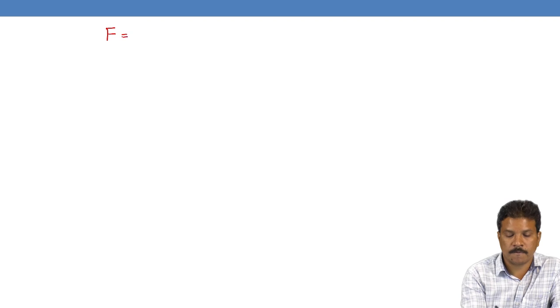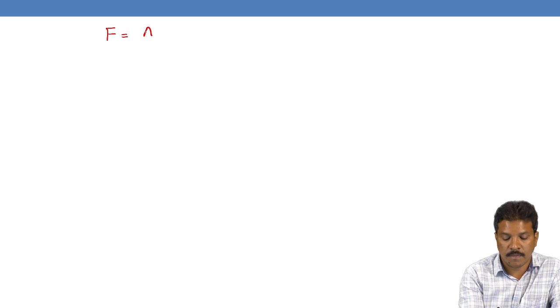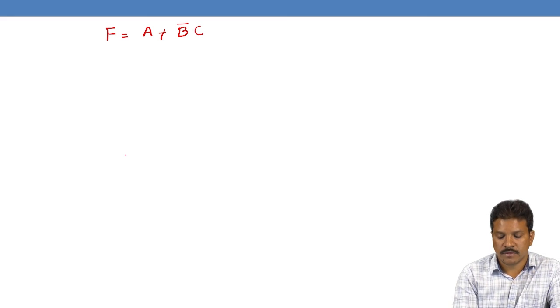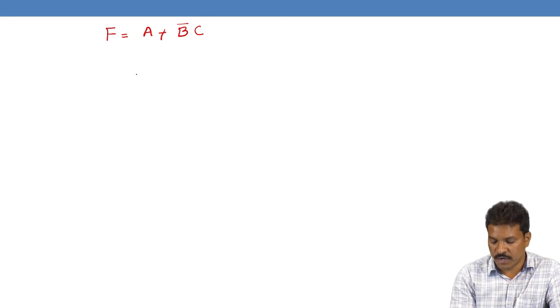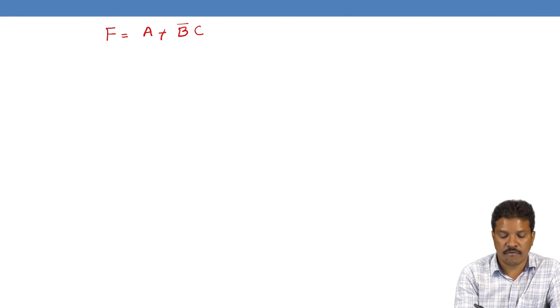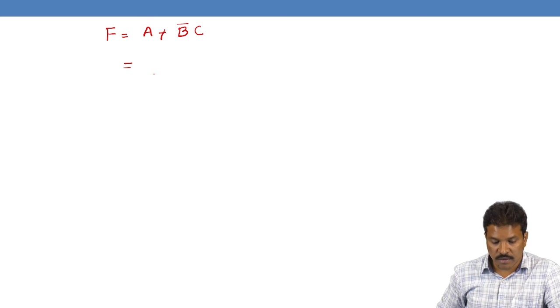F is equal to A plus B bar C. So we can represent this Boolean function in max terms. In order to get these max terms, find out the complement of F. What is the Boolean function?